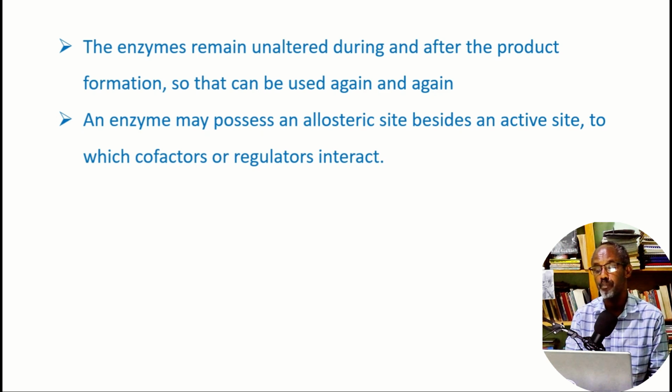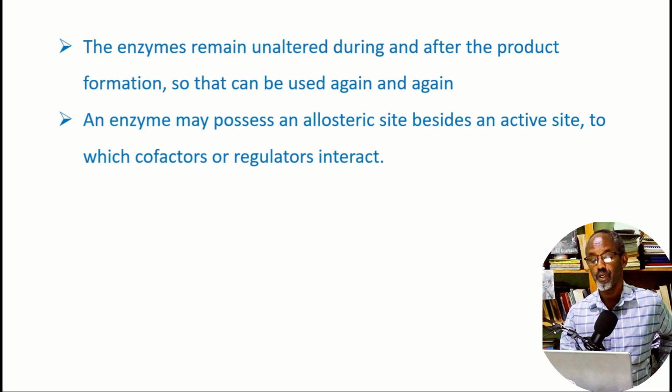Allosteric means other site, other than the active site. This allosteric site is a place where allosteric regulators or allosteric modulators, which are substances, attach so as to regulate the activity of enzymes.